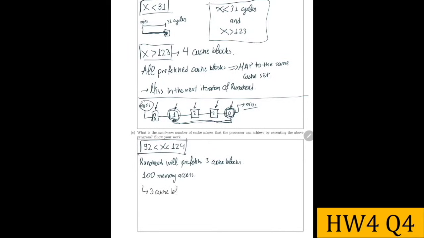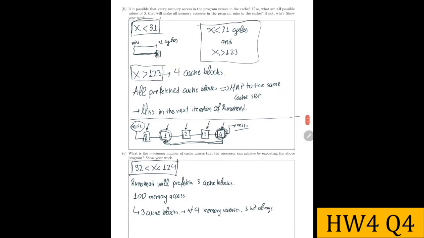This means that for every 4 memory accesses, 3 hit always. And we do not have the issue with trashing, as we explained here.